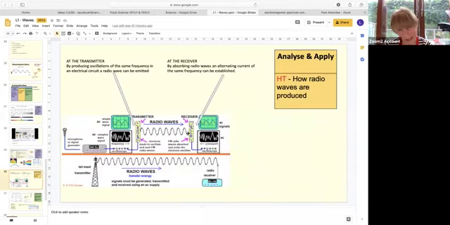If that is then picked up by a receiver, it can cause the electrons within the receiver to flow, but what's important is that they're flowing with an alternating current of the same frequency.